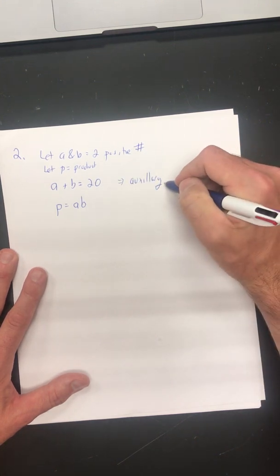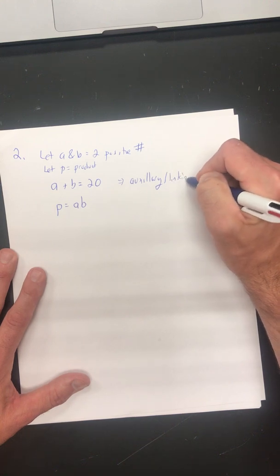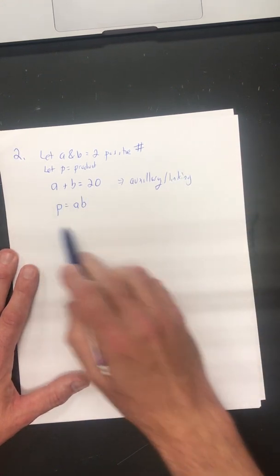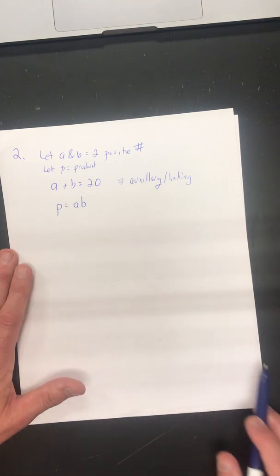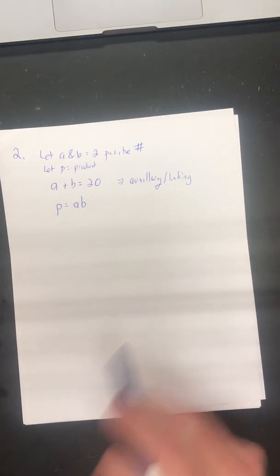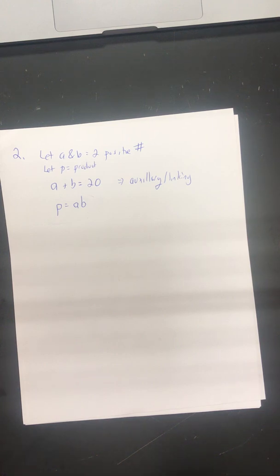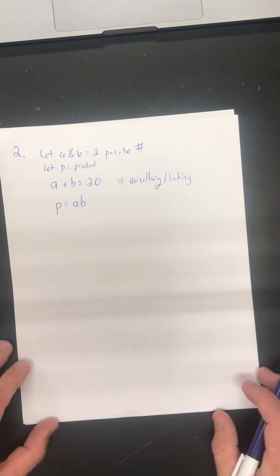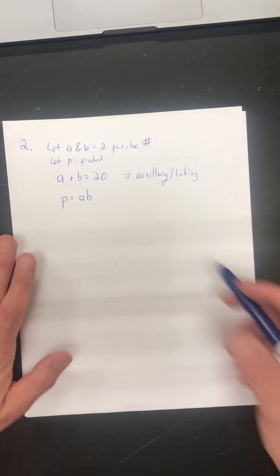The auxiliary equation is sometimes called the linking equation, because oftentimes the main equation has multiple variables in it, but in order to do this process, we need the main equation to have just the thing I'm maximizing and one other variable in it. Now, it sounds like I'm belaboring the point here, which I kind of am, but this is a very simple problem. I'm trying to highlight a methodology that gets used often in these min-max type problems.